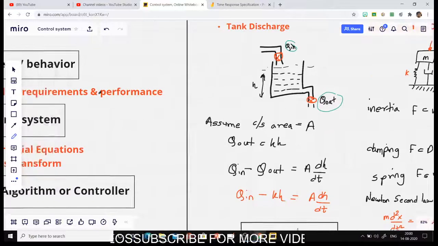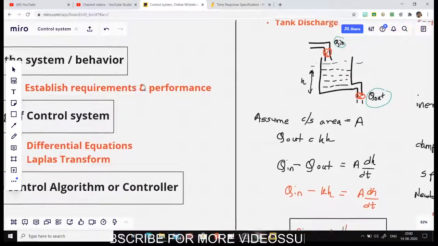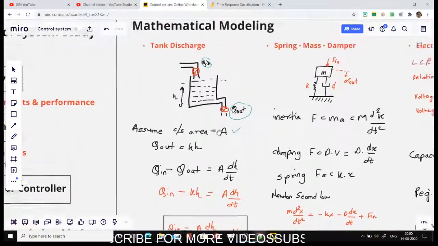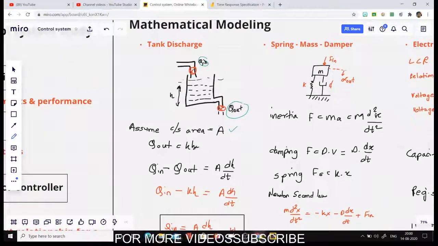This is the establishment of requirements and performance. We make two assumptions. One is the cross-section area is constant, which is A for this tank, and Q out is proportional to the height. These are the basic assumptions to simplify our mathematical model.